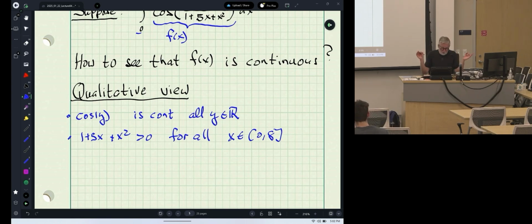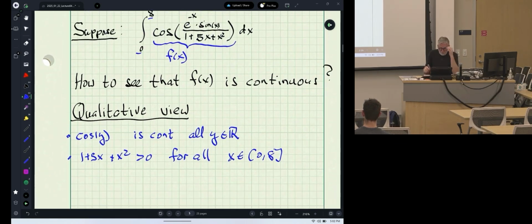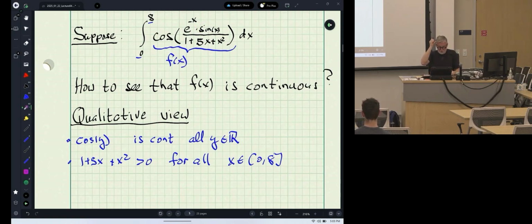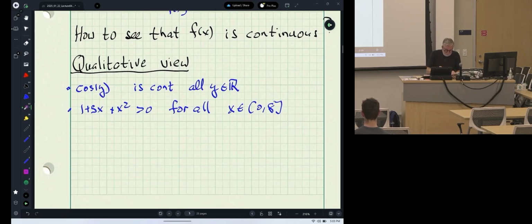It's a quadratic equation, so it does have roots. Those roots could be real, they could be imaginary. If they're imaginary, they would never cause any problems to us. But for this one, they're fine. Okay, so we've checked that the denominator is fine. And then the numerator consists of these rather benign functions. The exponential, e to the minus x, we know what that looks like. And then sine of x, and the product of two continuous functions is continuous.